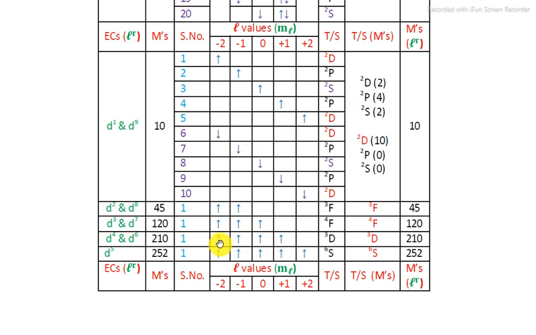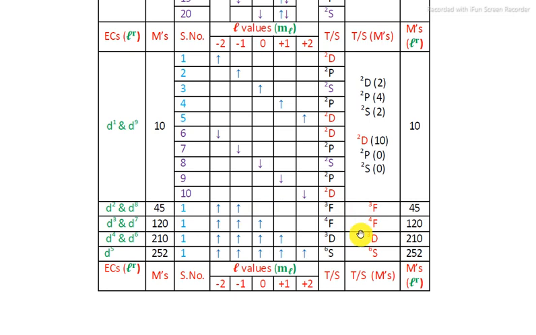The overall capital L value is 2, the term is D. For the next, the small l values are 0, 1, 2, the total capital L value is 3, the term is F. Here, small l values 1, 2, total capital L value 3, the term is 3F. 3F, 4F, 3D, these are also ground state.